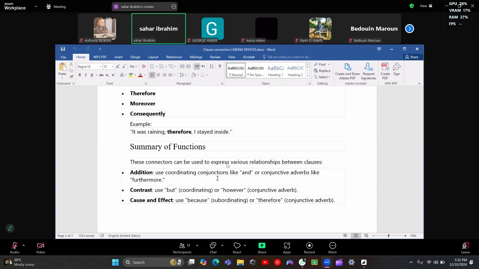What I want to get across is the variety of writing. When we write, we have to make meaningful sentences and we have to vary the types of sentences we are using in our writing. One time I use a coordinator, the other time I use one of the conjunctive adverbs. However, still I mean a coordinator and I'm replacing the coordinator by a conjunctive adverb.